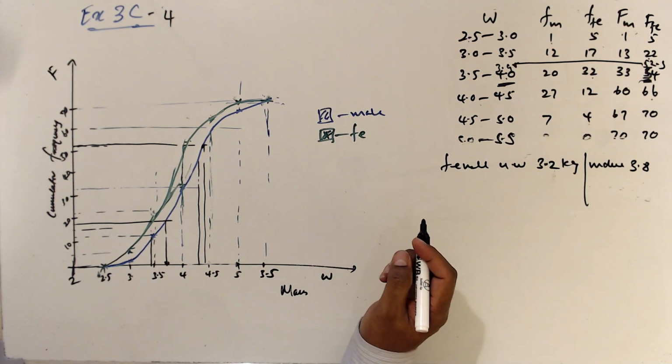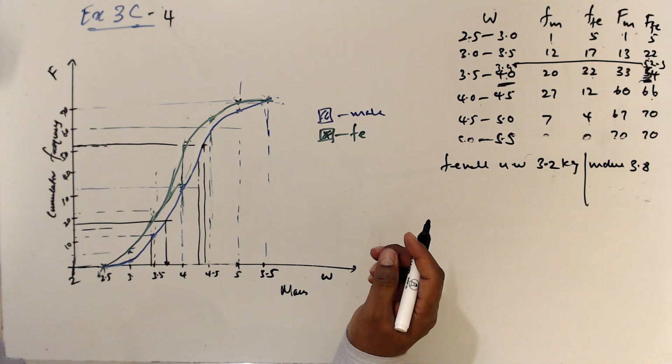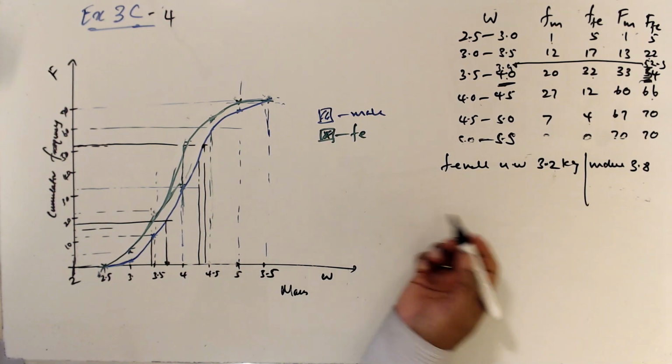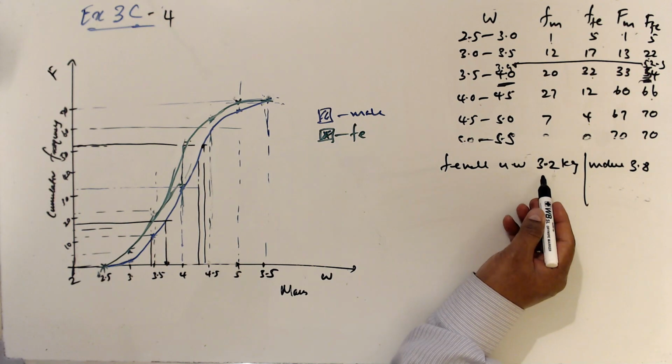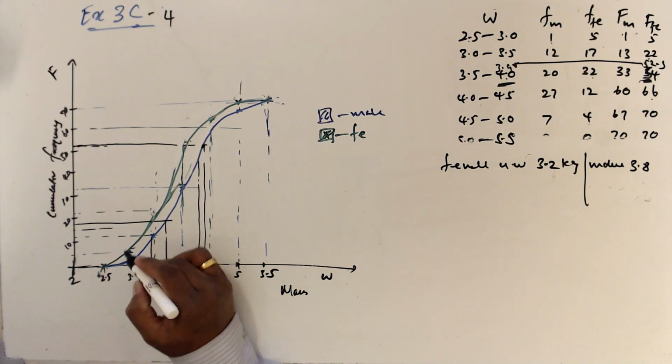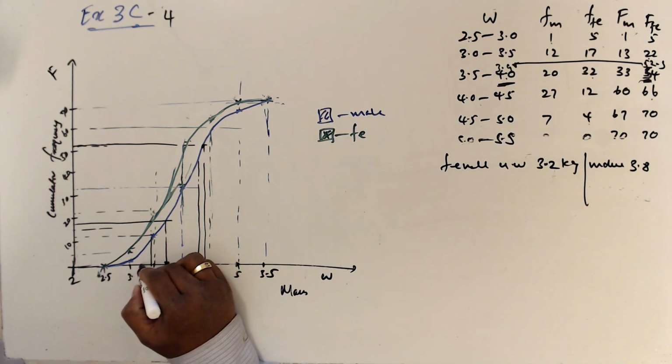Which gender has fewer underweight cats? Right, where is 3.2 for female? Okay, we'll go to 3.2 somewhere here.